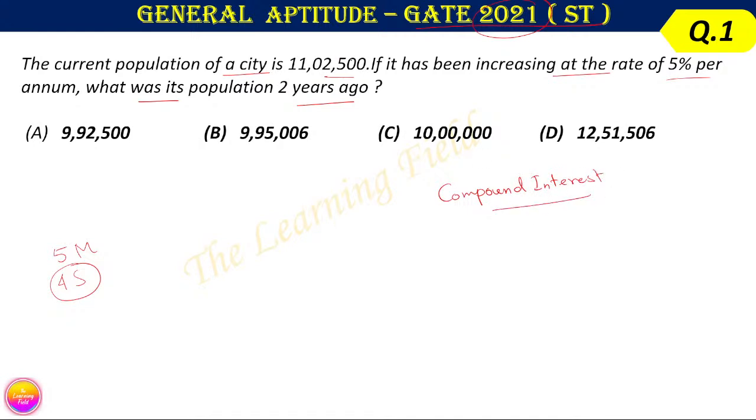So the current population is this one. If the rate of increase of the population is 5%, then what is the population of 2 years ago?